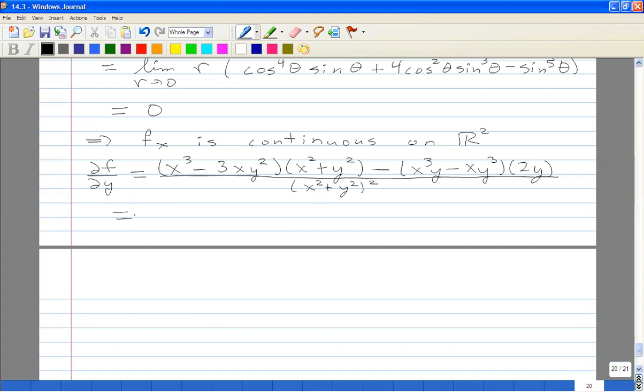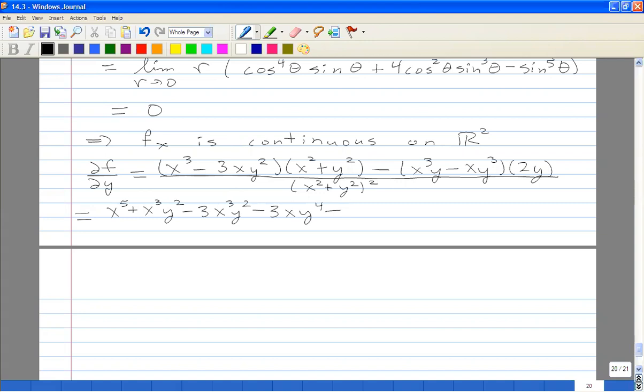So this is equal to, let's multiply this out. So this is x to the fifth plus x cubed y squared minus 3x cubed y squared minus 3xy to the fourth.